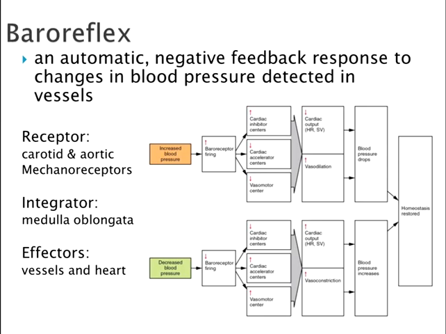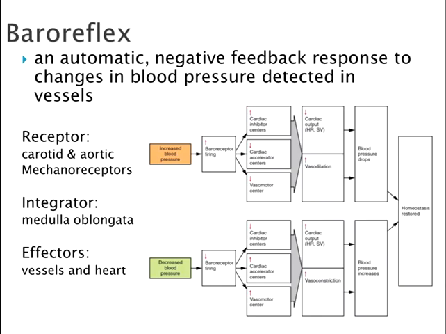So your receptor nerves, which is typically cranial nerve 9 and cranial nerve 10, vagus and glossopharyngeal, are going to be detecting what's happening at the level of the carotid and the aortic bodies. They're going to send that information to the medulla oblongata, which is going to bring it to the cardioregulatory center, and then that will in turn tell the body what to do to the blood vessels and to the heart.